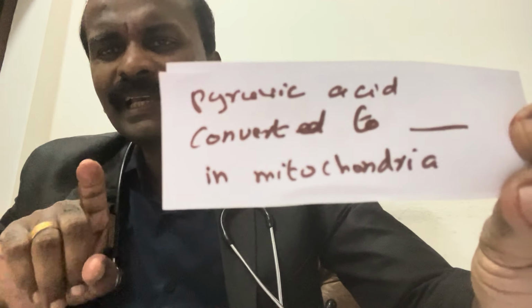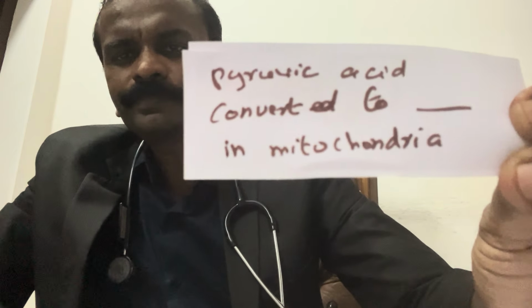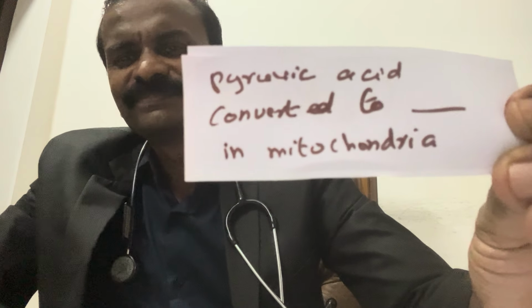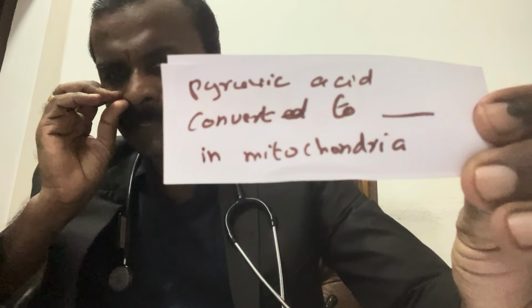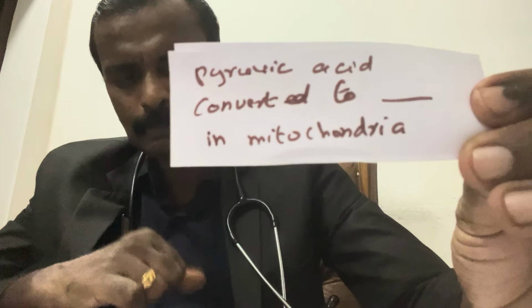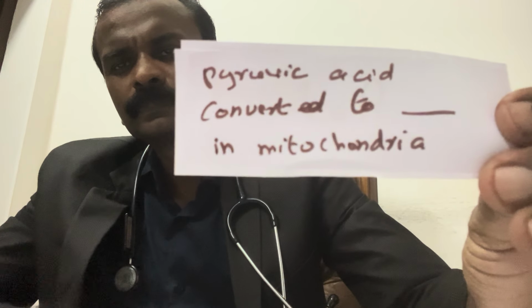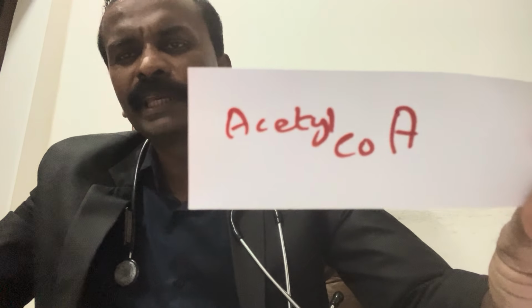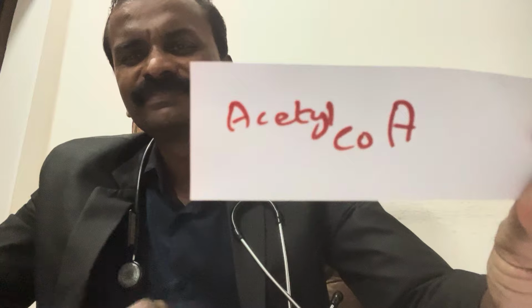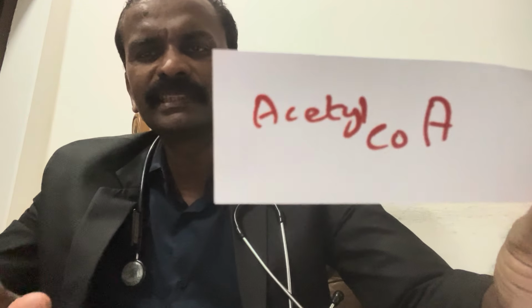So this pyruvic acid is converted into dash inside mitochondria. Acetyl CoA. Don't forget the question. Acetyl CoA.